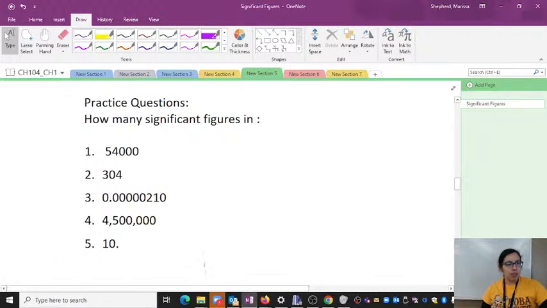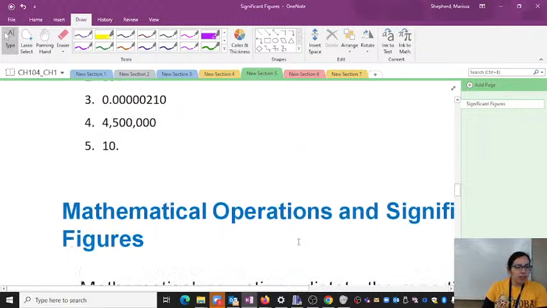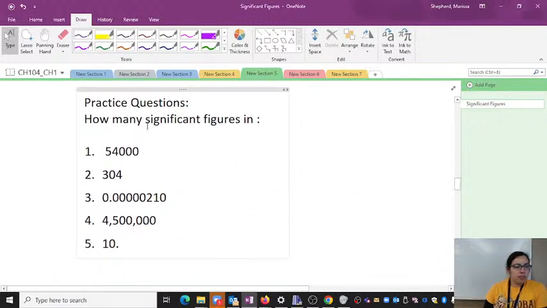All right, so let's look at these examples. I'll give everyone just a minute to mentally go over them, and then we'll go through them. How many sig figs are in the following 5 questions? Take a minute or so.